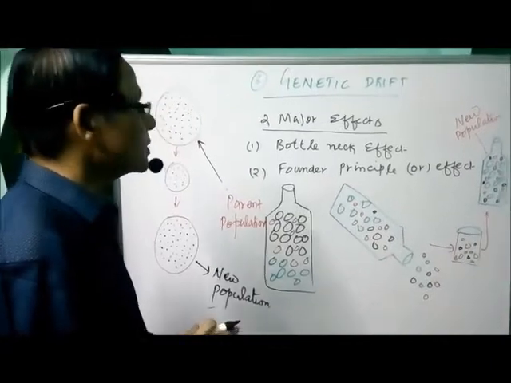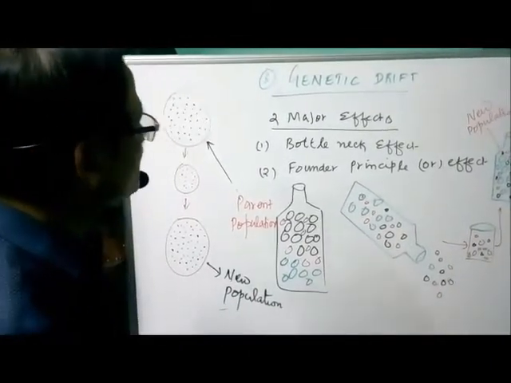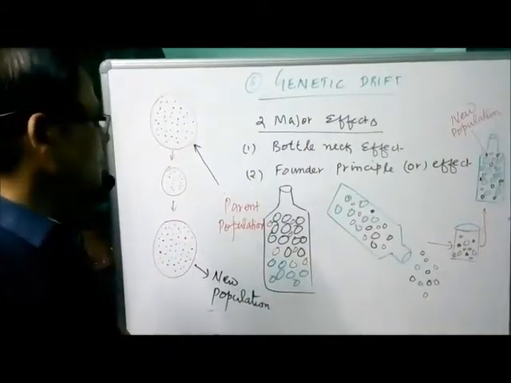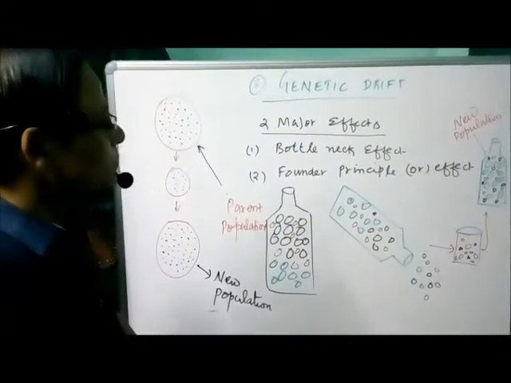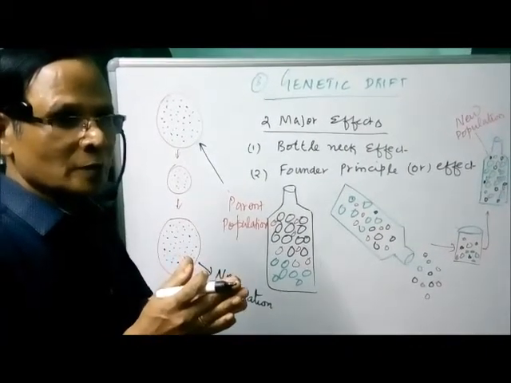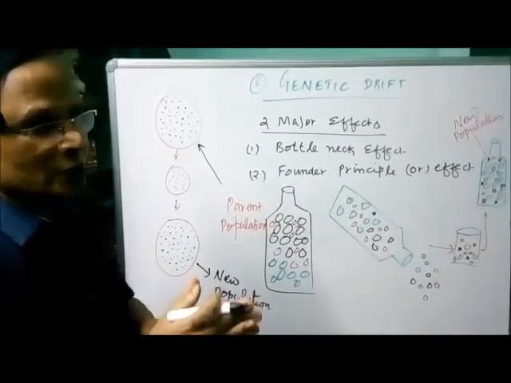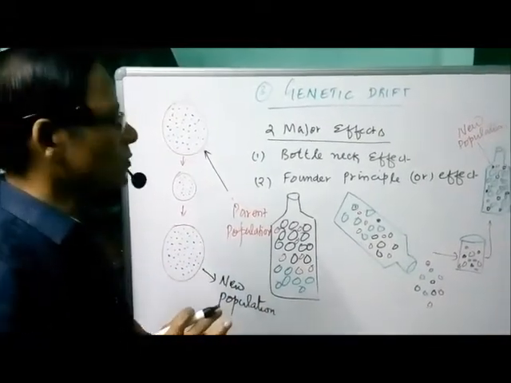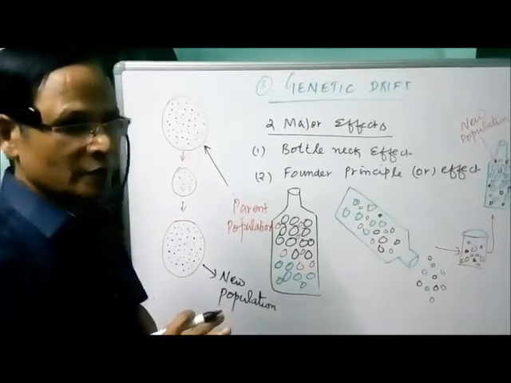This is called the bottleneck effect, one of the major effects of genetic drift. Another one is called the founder principle or effect. When a group of individuals become the founders of a new population through genetic drift, the phenomenon is called the founder principle or founder effect.